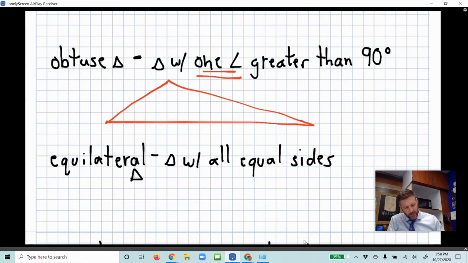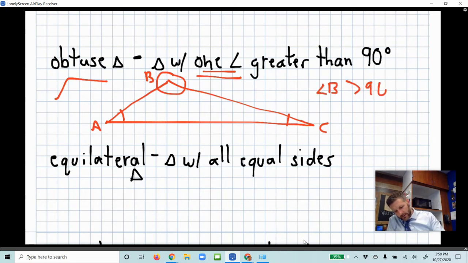But you can see here I've got an acute angle. Here I've got an acute angle. But this one up here, you can see that angle is a nice wide angle. And if you were to turn it, you can see that's more than 90 degrees. So that is an obtuse angle. If I even labeled these, A, B, C, you could say angle B is greater than 90 degrees.